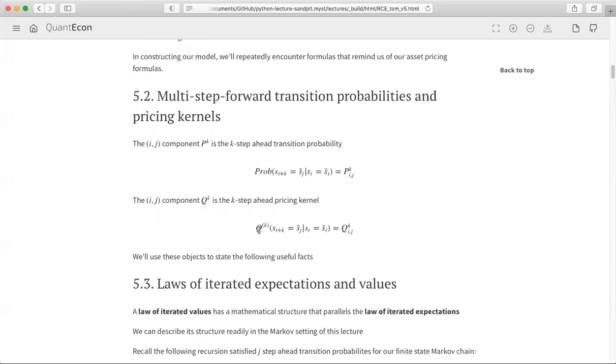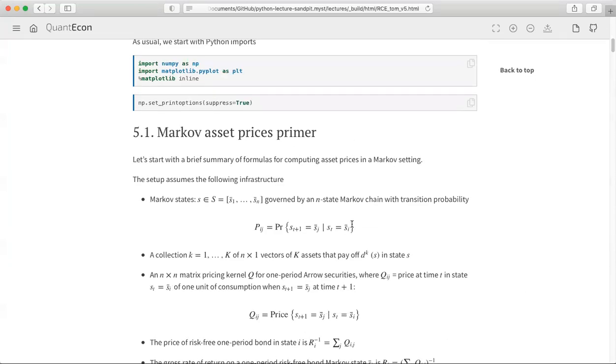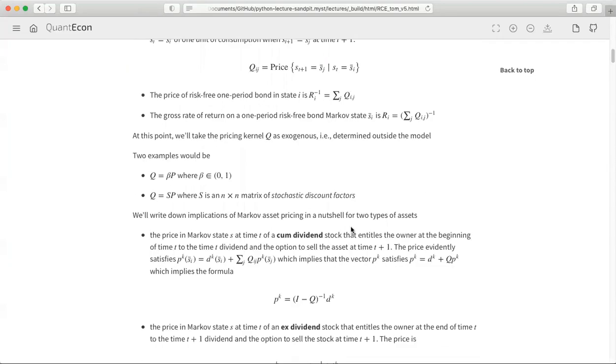And actually, these prices are embedded in this formula right here. Because if you take I minus Q inverse, that's just I plus Q plus Q squared plus Q cubed.